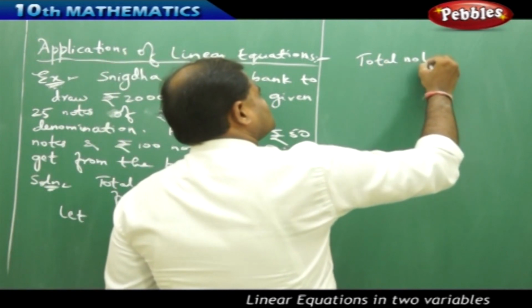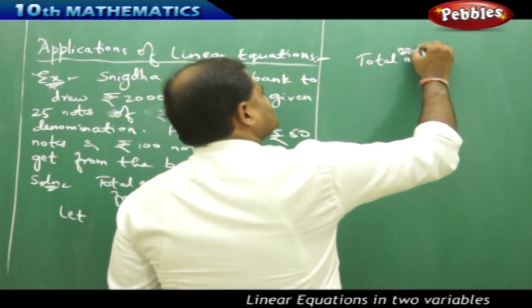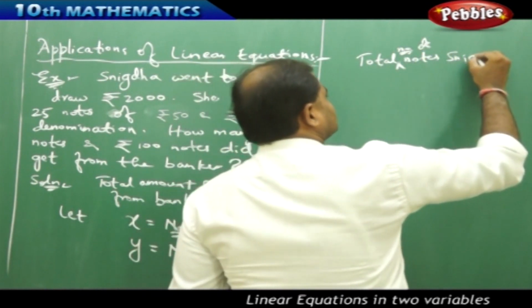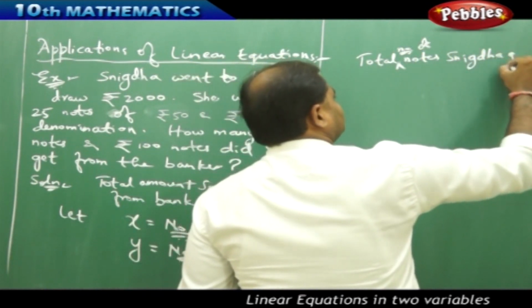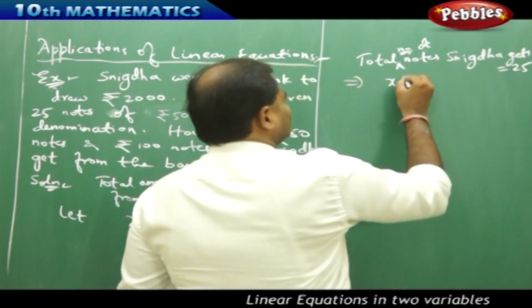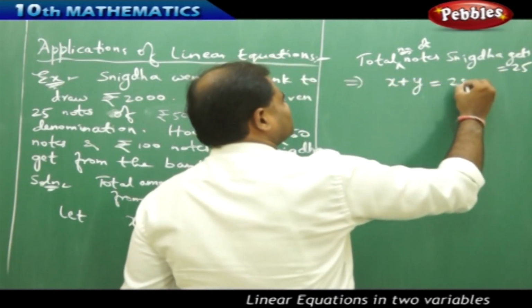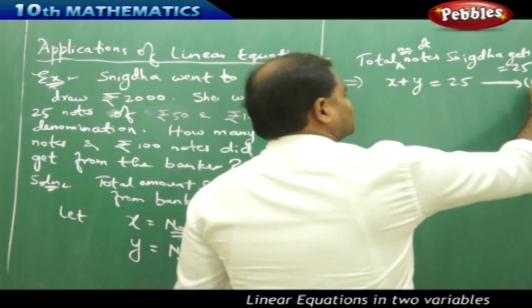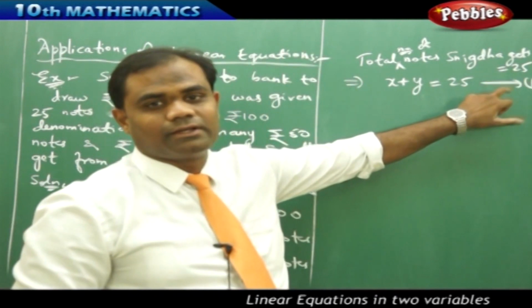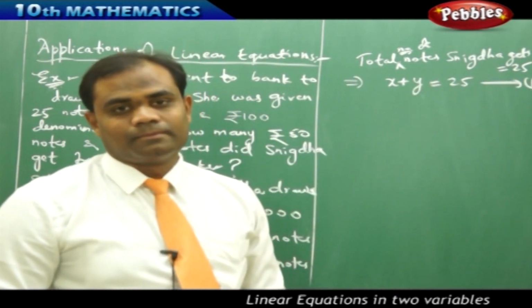That implies x plus y is equal to 25, which is the first linear equation in two variables x and y I identify from the given problem.